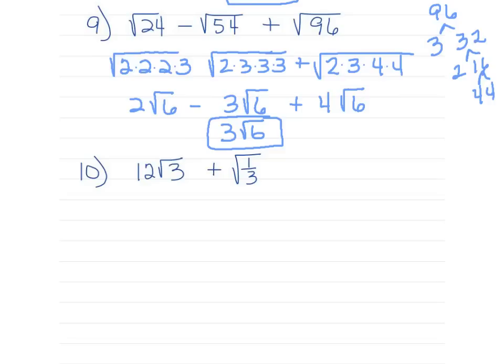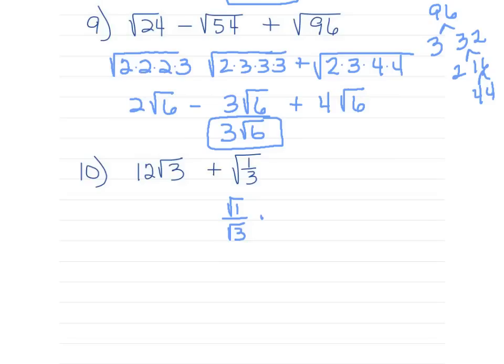Let's recall how we do this. Radical 1/3 is radical 1 over radical 3. And so because for a radical expression to be simplified, you can't have a radical in the denominator. We need to make sure that we get rid of that radical symbol in the denominator.